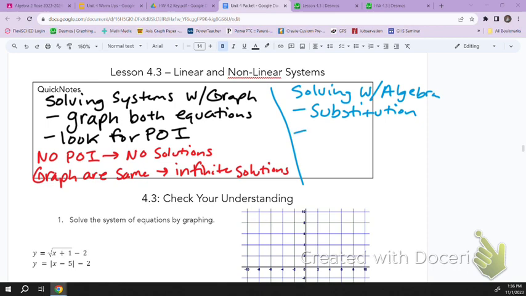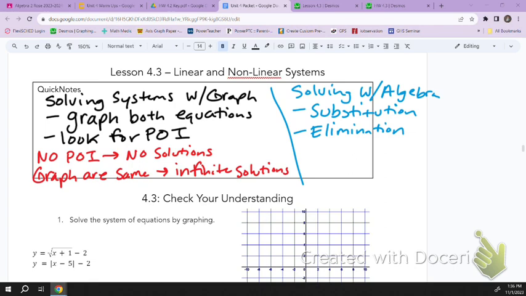There was another algebra method we could use. You had to line up the standard form equations. What was that called? We were kind of subtracting. We were doing elimination. We were eliminating a variable.